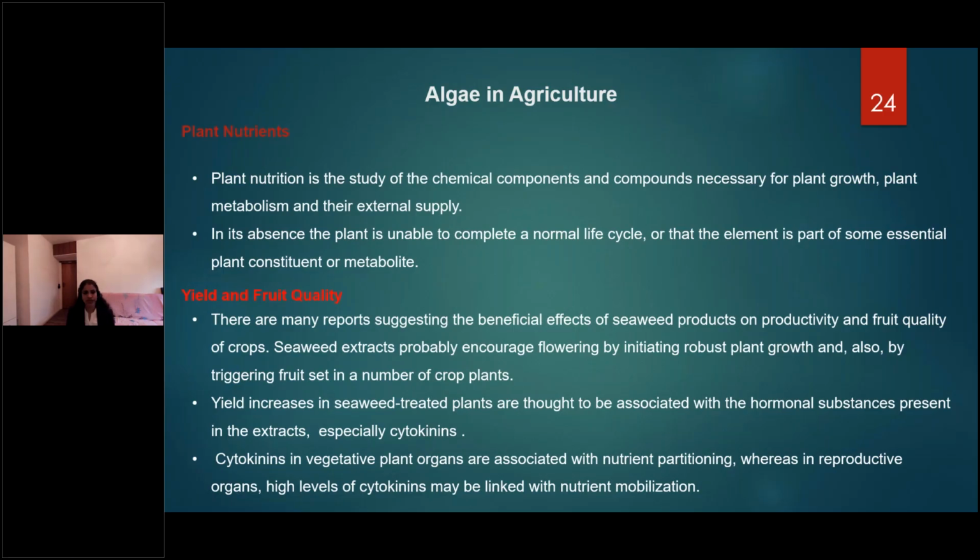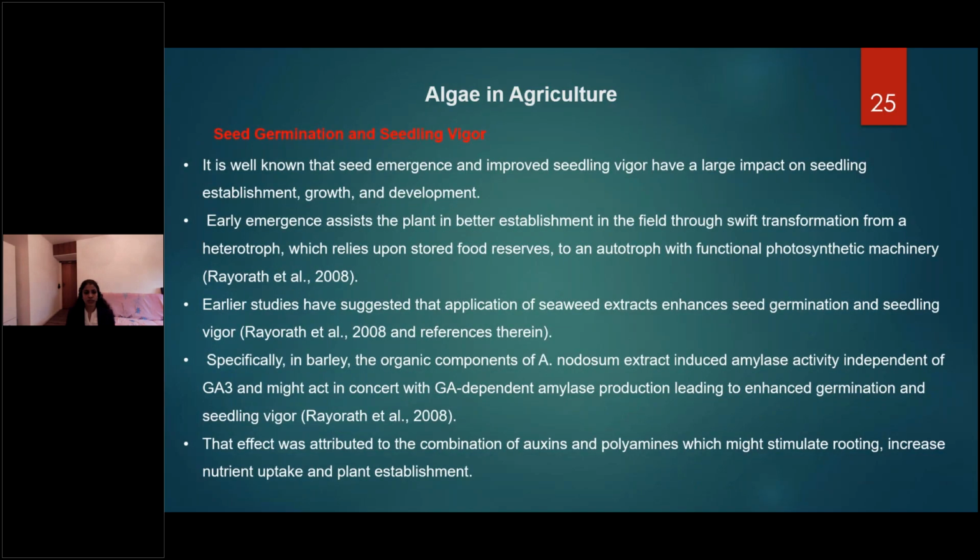Seaweed also improves seedling vigor and seed germination. So earlier emergence means the plant is better established in the field through swift transformation from the heterotroph, which relies upon stored food reserves, to an autotroph with functional photosynthetic machinery. According to earlier research, seaweed extract application enhances seed germination and also seedling vigor.